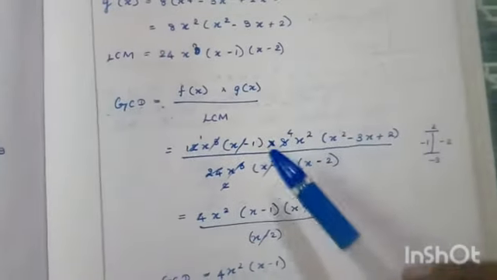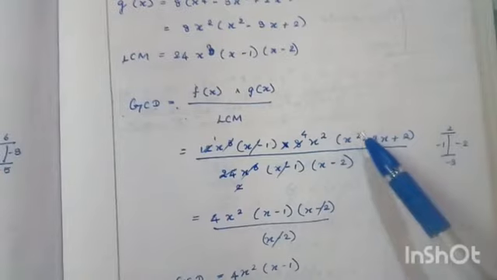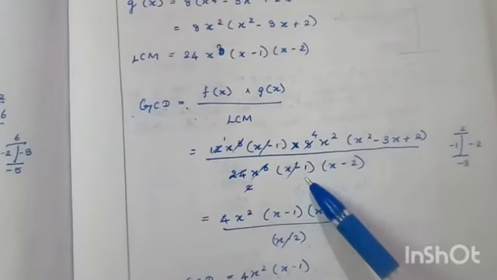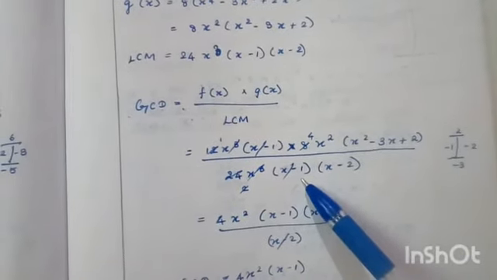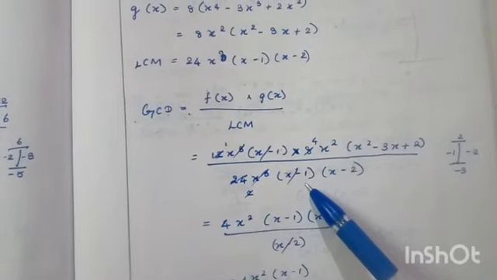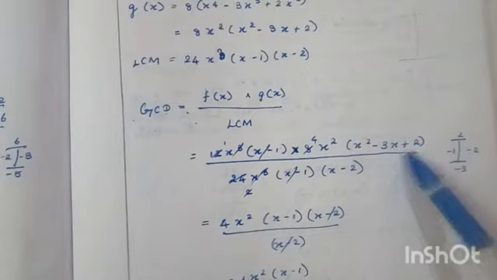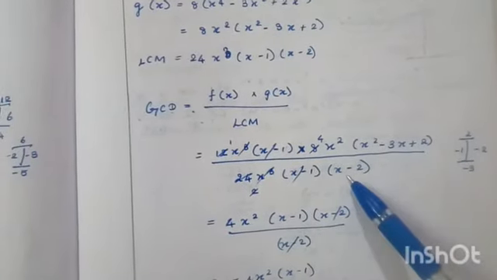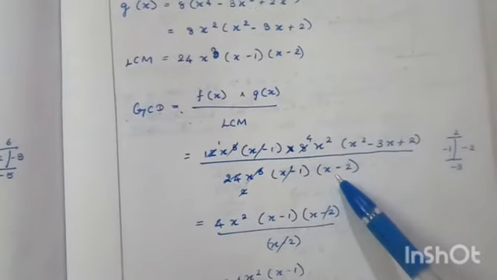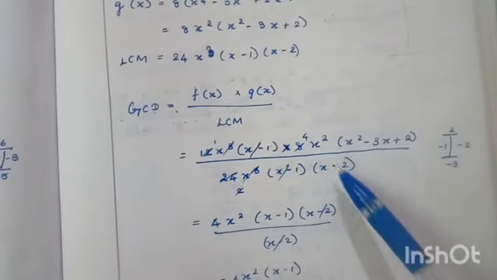Once again, listen students. First you have to write f of x and g of x by LCM. Whatever things cancel, you have to cancel all of them. Then after cancelling what do you have? 4x square into x square minus 3x plus 2 by x minus 2. I have reduced one step here, so I am explaining once again.